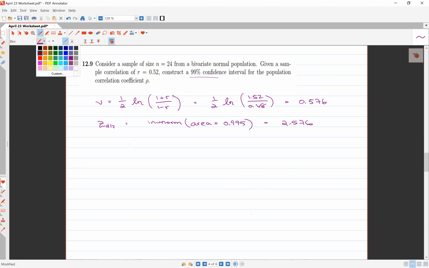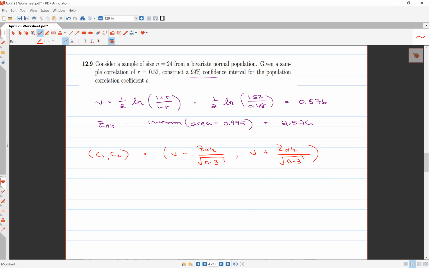Then there's kind of a two-step procedure to calculating the confidence interval. I first calculate an interval that, for convenience, we just call C1, C2. This is defined as V minus Z of alpha over 2 over square root of n minus 3, and V plus Z of alpha over 2 over square root of n minus 3. And you can see this is the same standard deviation, the square root of n minus 3, that's the sigma naught value.